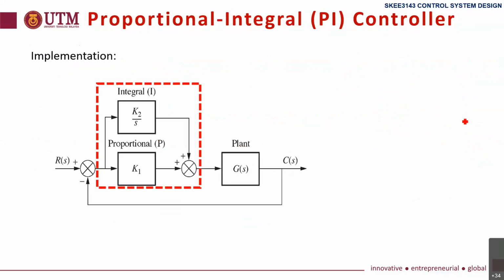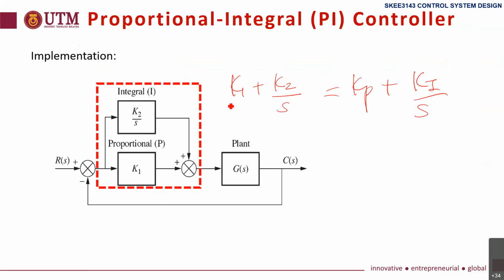And this is the way to implement PI controller. We have two separate blocks, but they are summed together at the summing junction here. You can see that the one here is K1 plus K2 over S. It's the same, it's KP plus KI over S. Here we use K1 and K2, where K1 is KP, K2 is KI.